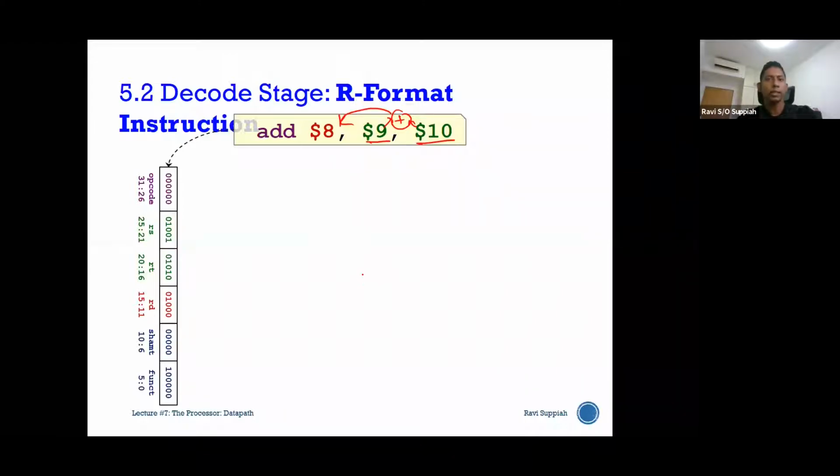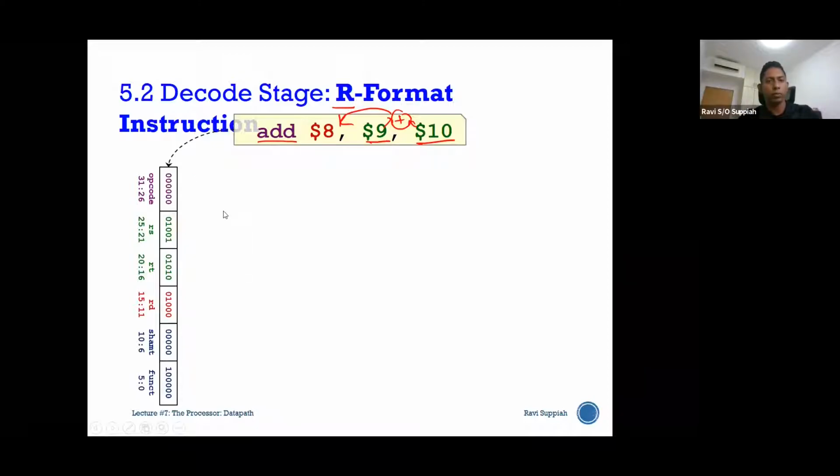So the first thing that we must know is the instruction encoding, which is what we covered in the last lecture. Firstly, the add operation. This is an R-type instruction. So for R-type, we can look at add.